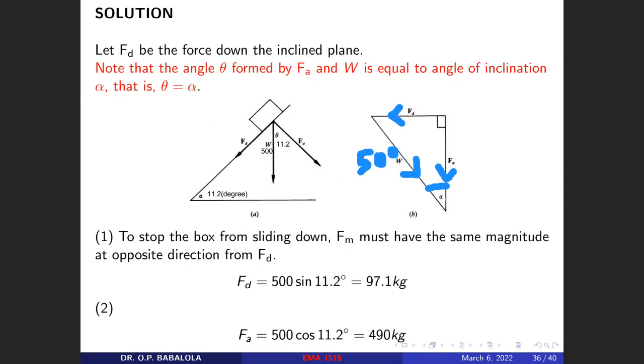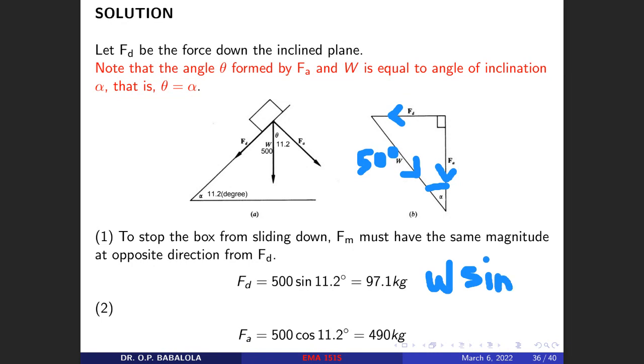So what trigonometric ratio are we using? Thank you. We're using the sine ratio. So it will be W sine alpha, or theta. Let me write it here.